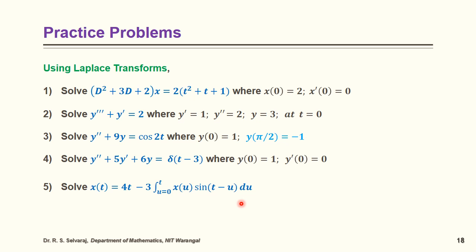So by making use of the convolution concept and by taking Laplace transform both the sides, you can get the solution, right? So now you are given 5 problems. You solve those 5 problems and try to get the solutions. To verify whether you got correct solutions or not, you see the next slide.